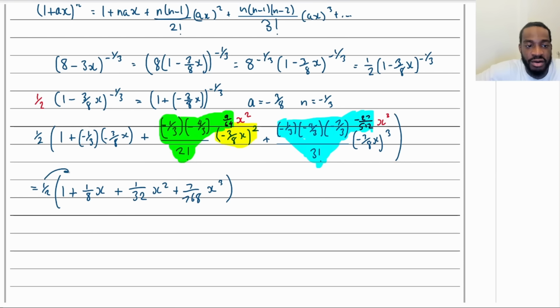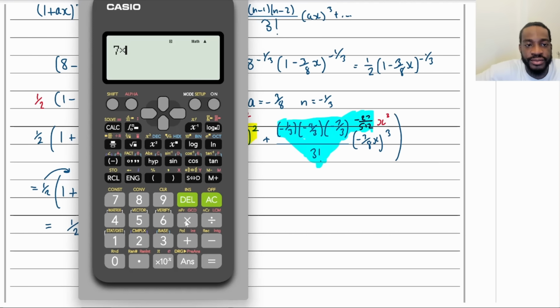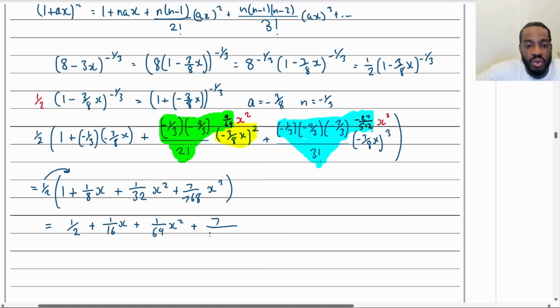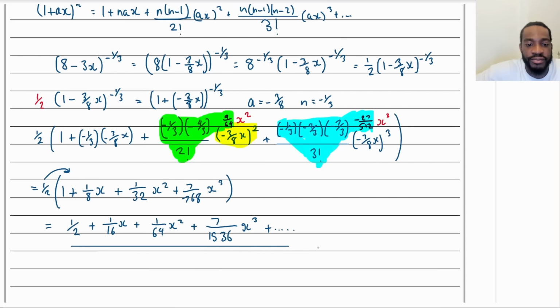Okay. So times in that half in, it's going to be 1/2 plus 1/16 plus 1/64 x squared plus 7 over whatever 768 times 2 is. 768 times 2 is equal to 1536. 1536 x cubed plus ... So this is going to be your final answer.